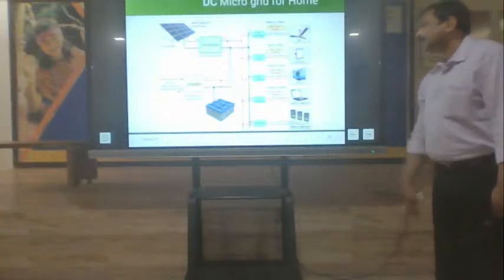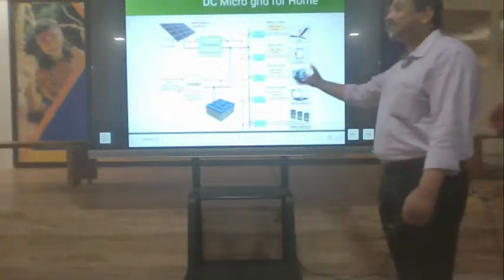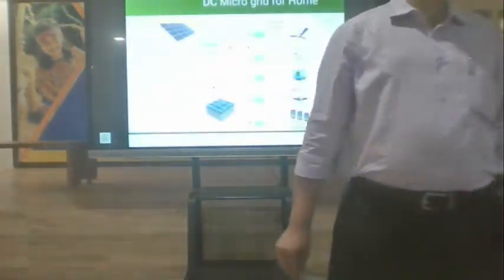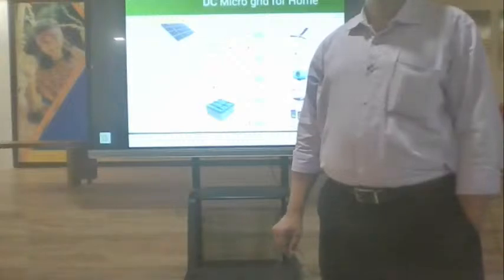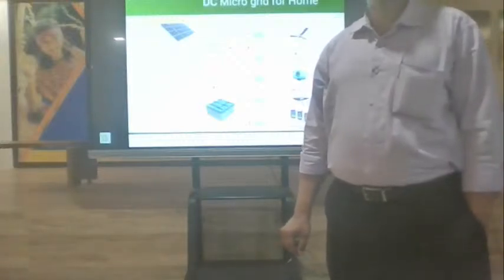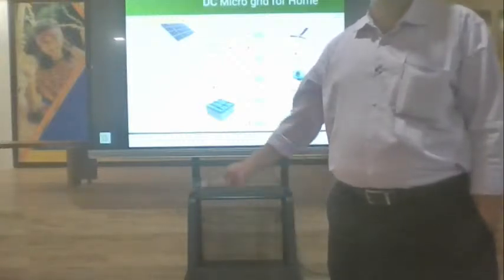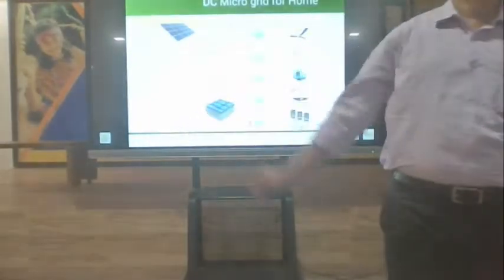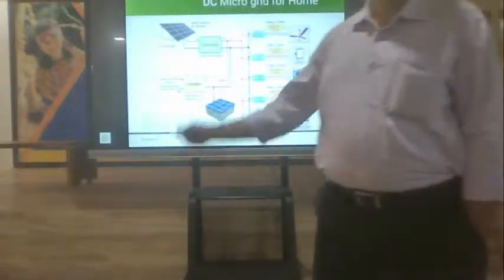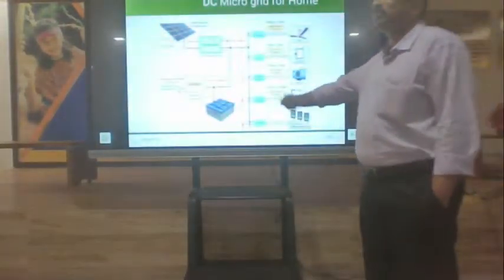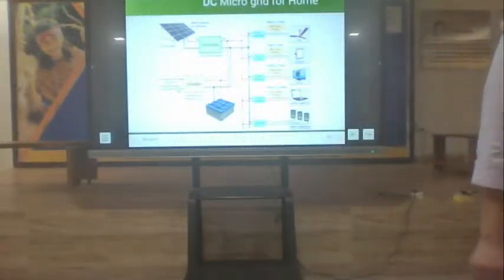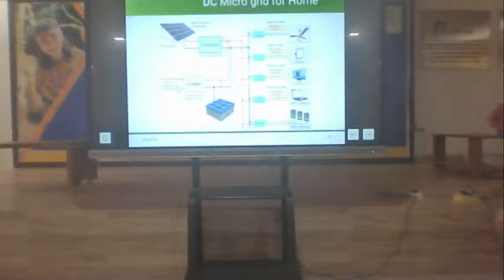And this case study was presented somewhere in 1975, I think, not 1975, sorry, 1985. An electrical engineer from IIT Chennai presented this, and he was given the best innovation award for that year.